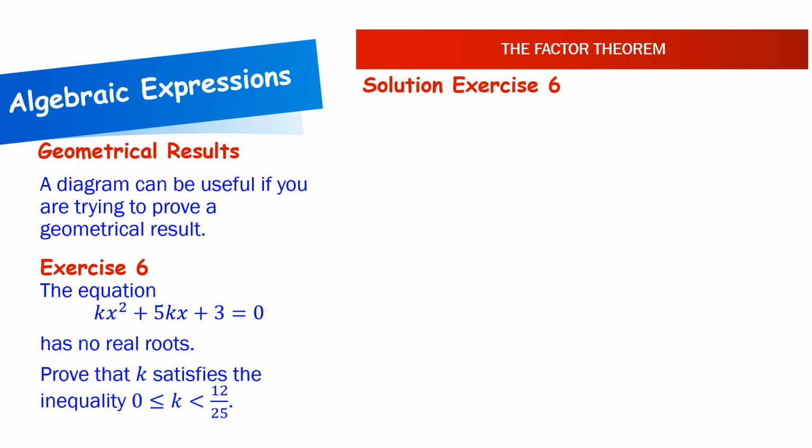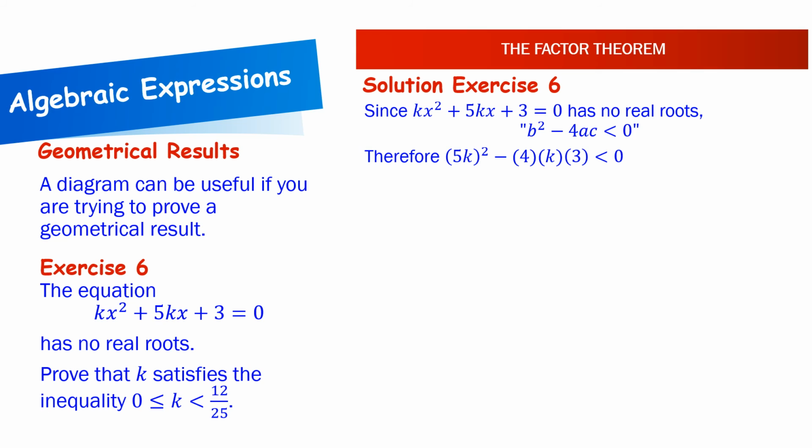So let's solve this. Now, since our quadratic has no real roots, b squared minus 4ac is less than 0 in our conventional notation. Therefore, (5k) all squared minus 4 times k times 3 is less than 0.